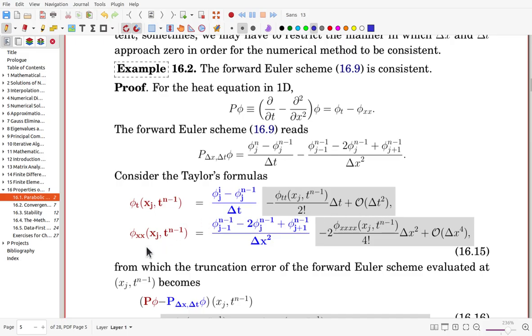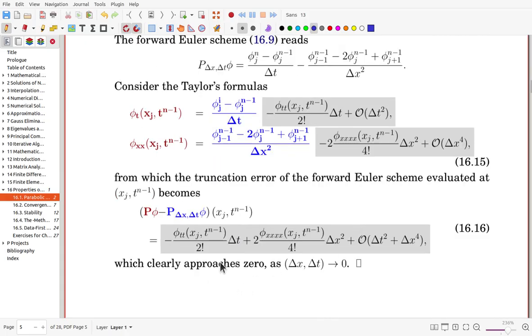And for the x second derivative, we have a second order approximation, and these are remainder. This subtraction will make P phi, and this subtraction will make the finite difference operator applied on phi. By subtracting, we can get this portion and that portion, and move this one to the left hand side, and this whole thing is the remainder.